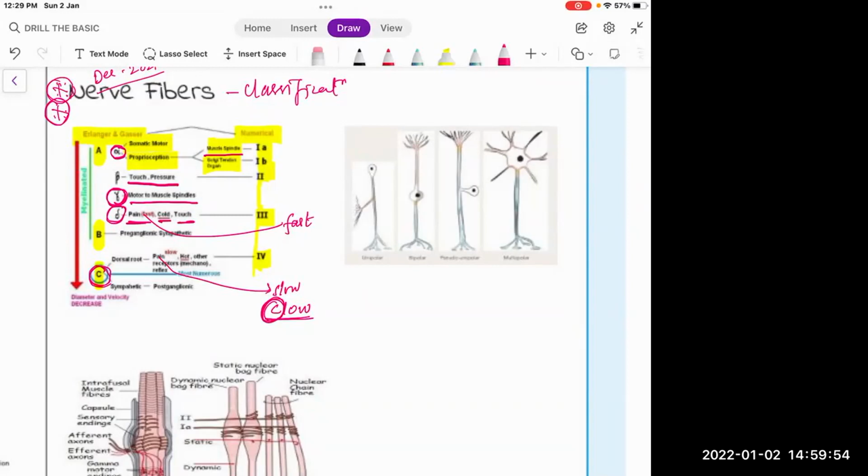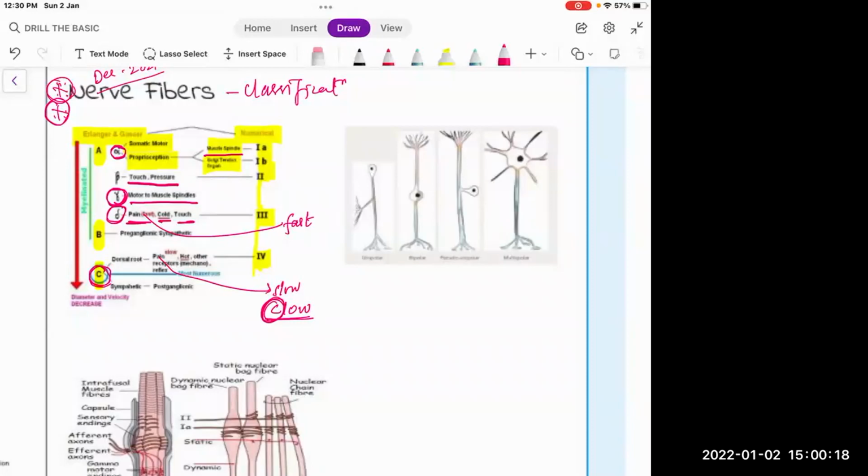And slow fibers, C fibers. So in pain sensation, fast pain and slow pain are mediated by two different types of nerve fibers. Based on this pain sensation, a question was asked in the past December 2021 exam. Okay, clear? So remember this.